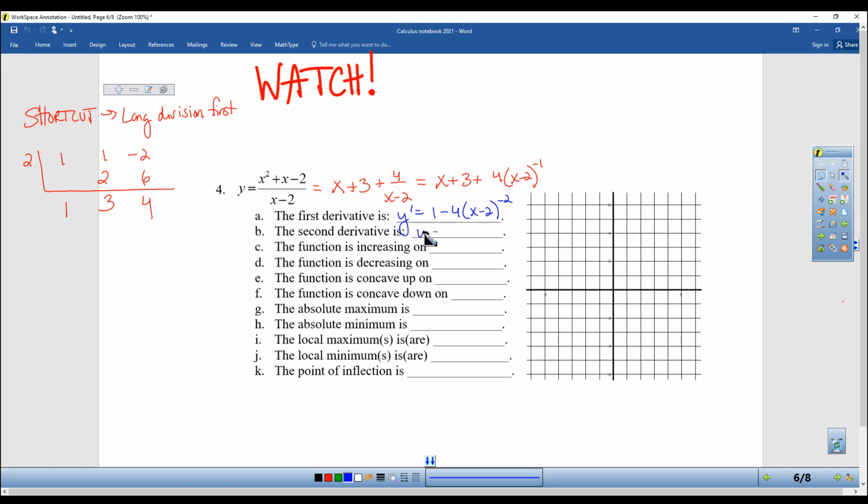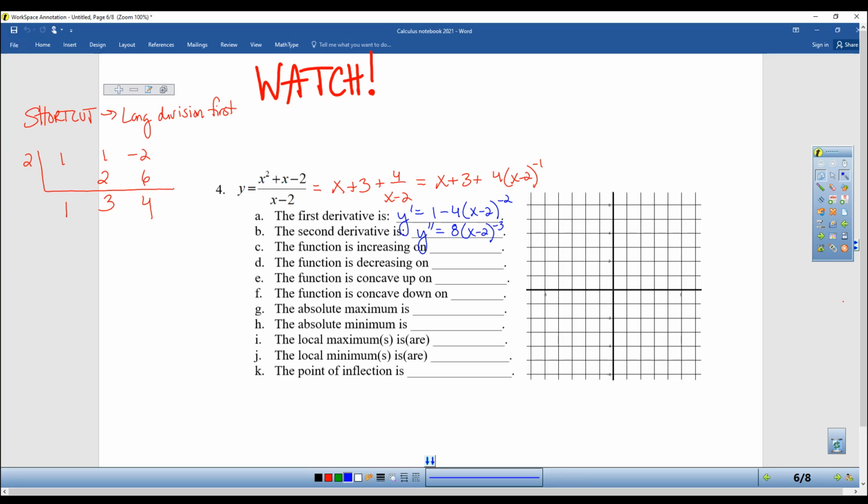Beautiful. Y double prime, even more beautiful. The derivative of 1 is 0, and then when I bring that down, I just get 8 times x minus 2 to the negative 3. You have to admit, knowing that you're about to do quotient rule and then quotient rule on top of the ugly answer, this is totally worth the minute that it takes you to do the synthetic division.